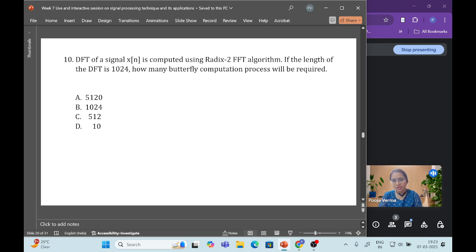So now moving to the next question. The DFT of signal x(n) is computed using the radix-2 FFT algorithm.